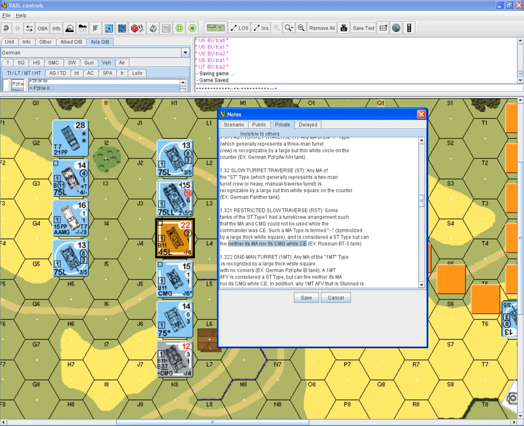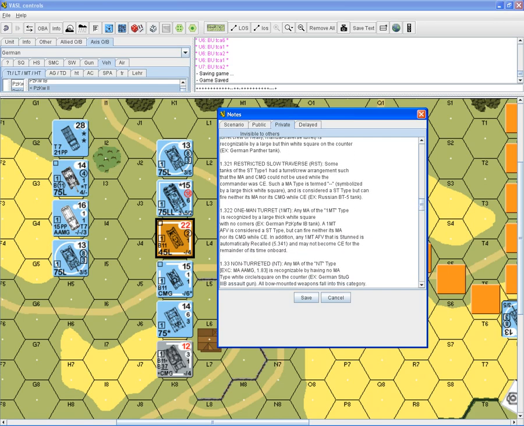So if it's got a thin white square, it's slow traverse, and if it has a thick white square, then it's restricted slow traverse. It's still slow traverse, but there are some restrictions on what it can do and how it can do it.